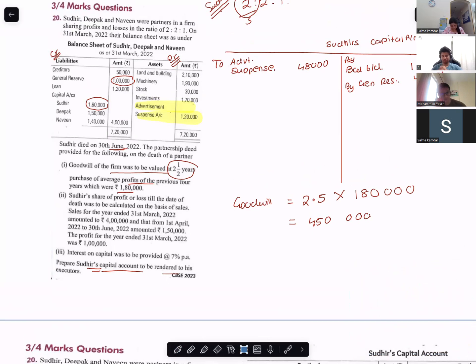After you find out goodwill, what will you find out? Sudhir's share of goodwill. What is Sudhir's share of goodwill? It will be 4,50,000 into 2 by 5.